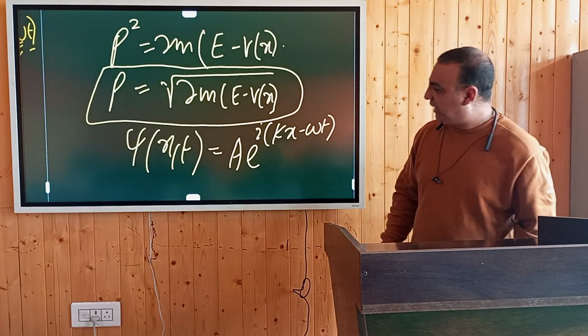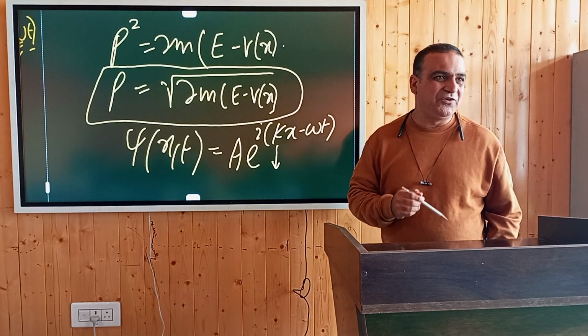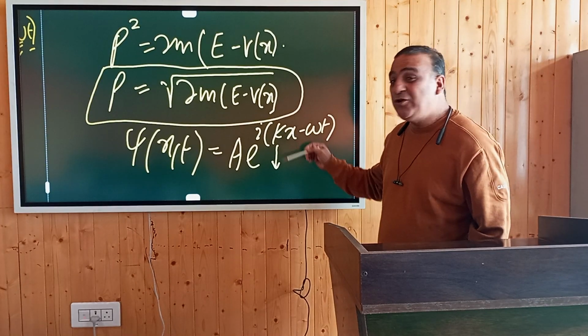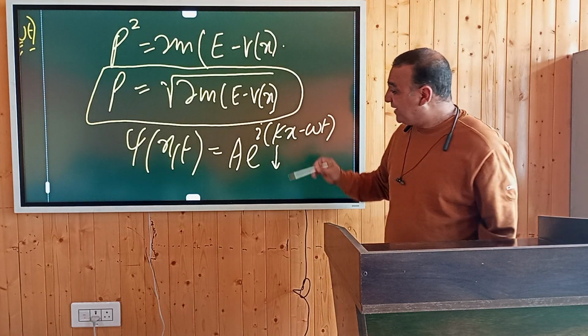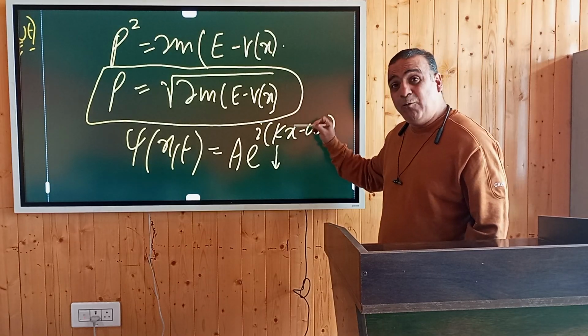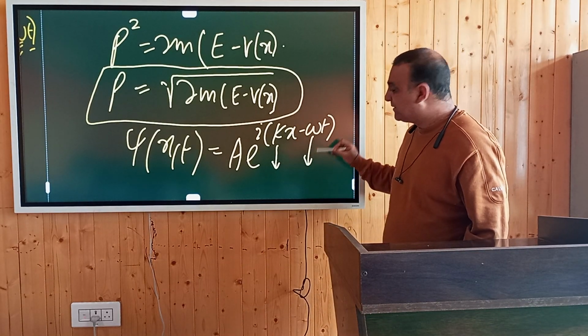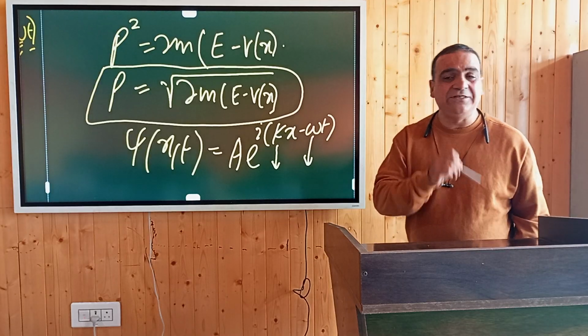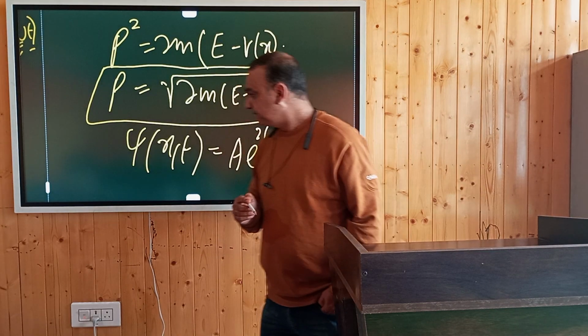Again, this k you may call a propagation vector. So it's giving you the wave nature of your material particle, right? And at the same time, you can convert it in terms of the momentum. So this wave has momentum, right? And this omega is giving us the energy that's associated with our particle, right?